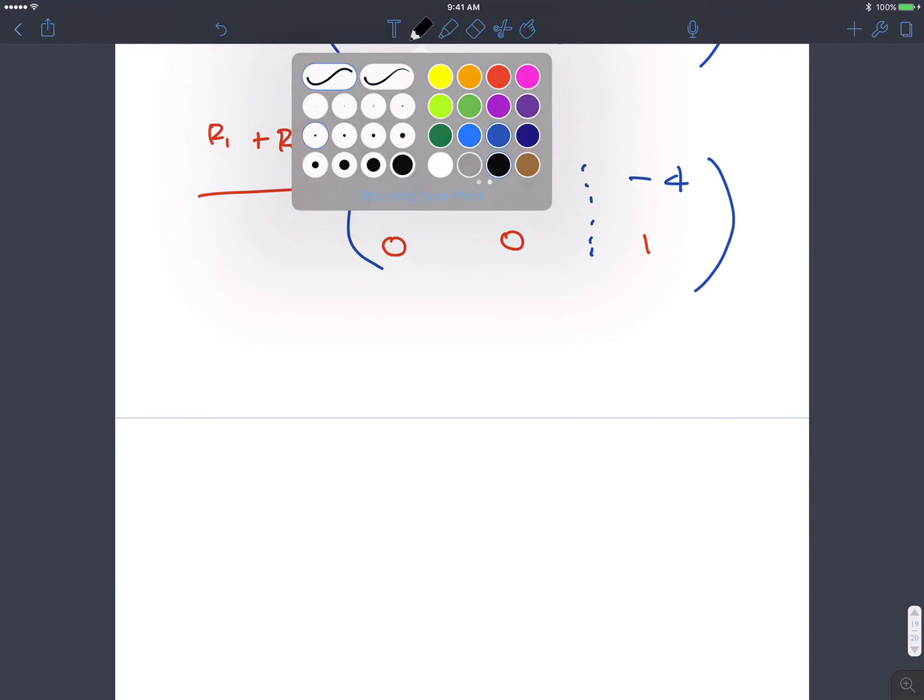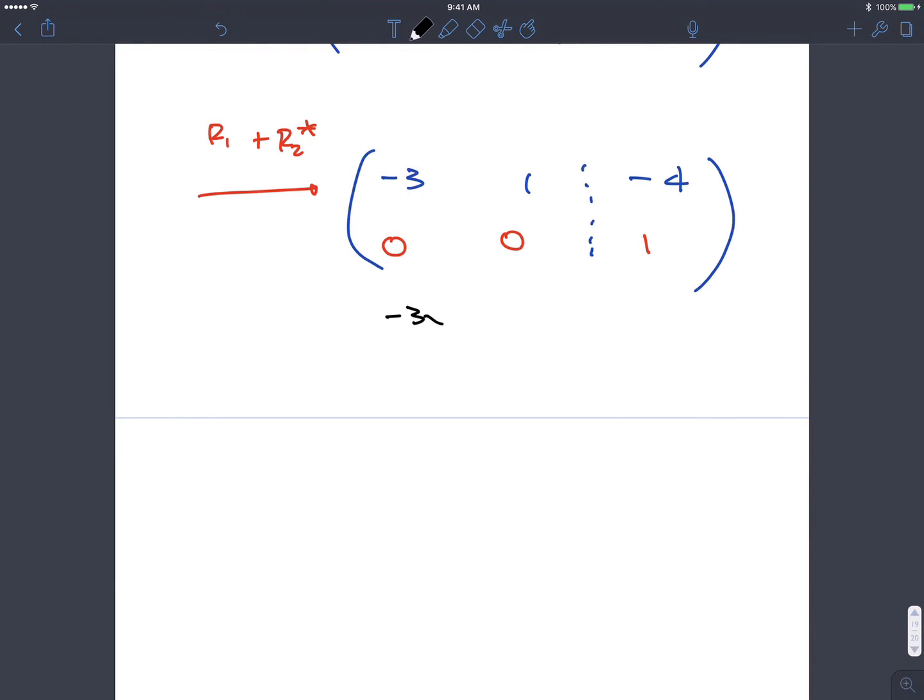Using these coefficients to rewrite our system, we get -3x plus 1y is -4. 0x plus 0y is 1. Notice what's happening here. Yes, these values here are 0. This is a 0. This is a 0. And I get 0 equals 1.